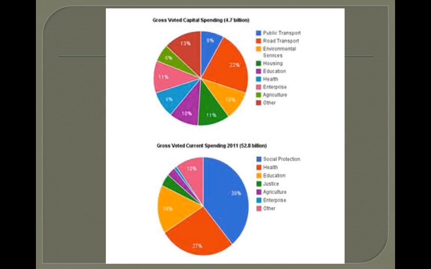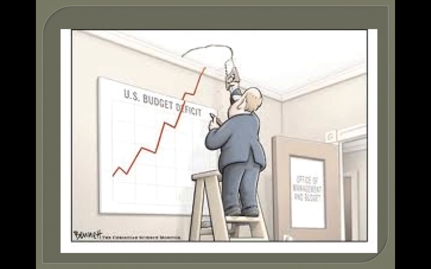So you can see they spent a lot more on current spending, things like health and education, justice, all these different things, versus capital spending on roads and bridges and buildings. Long-term spending was a much smaller piece of the government budget. Just to give you an idea of how the government spent the money that it received from taxes and privatization.